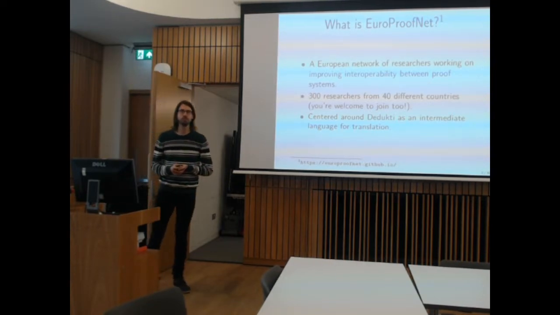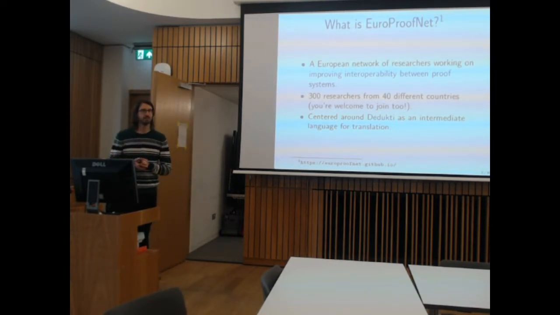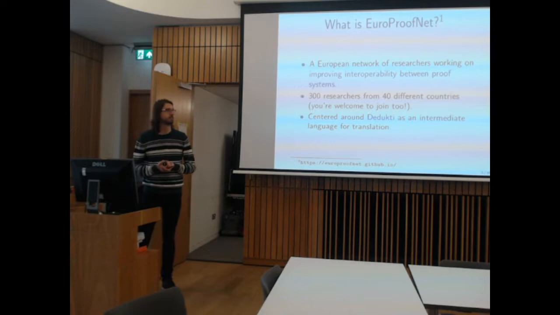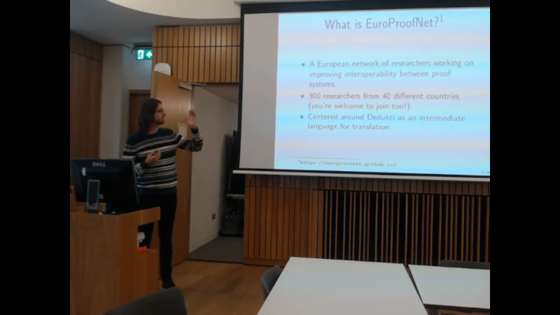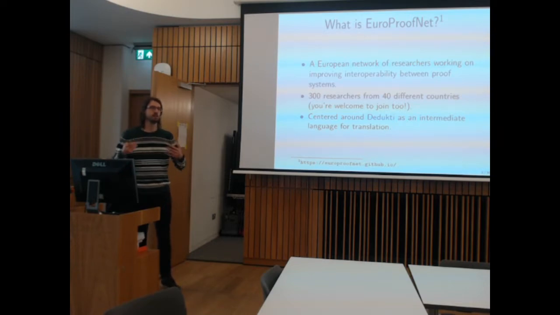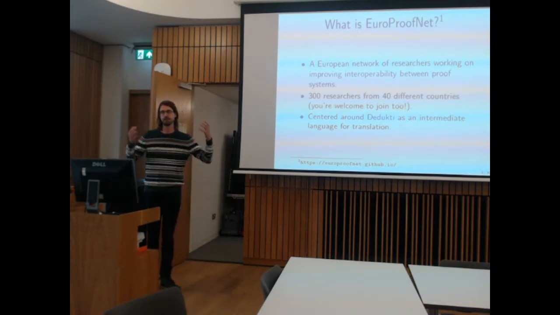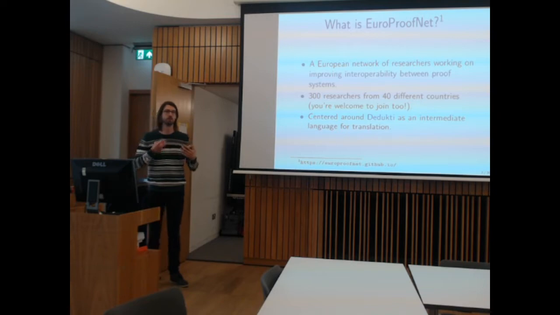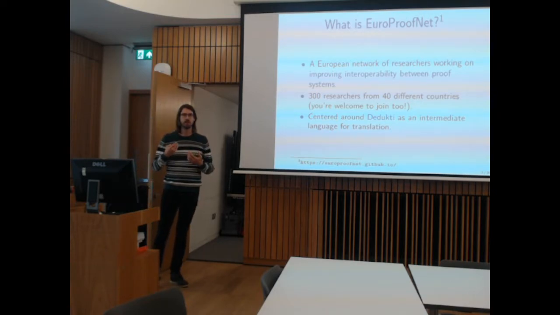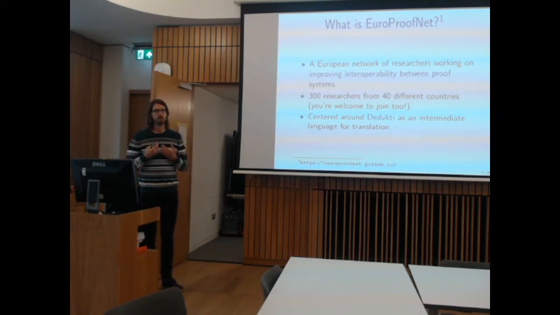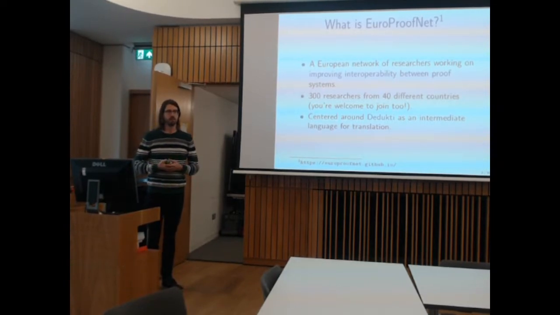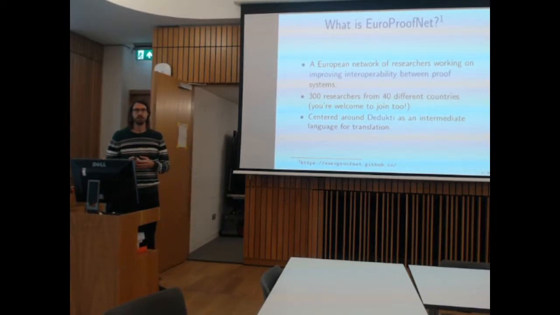So what is EuroProofNet, if you haven't heard about it yet? It's a European COST action. So it's a network of researchers working on improving interoperability and usability of proof systems. And proof systems here is really a very broad definition, so it includes proof assistants, but also automated theorem provers, and even model checkers and such.